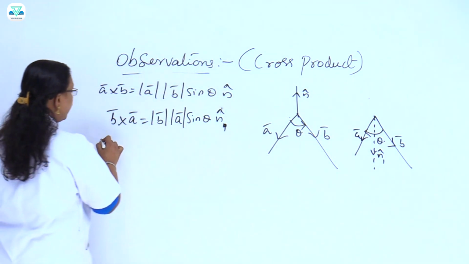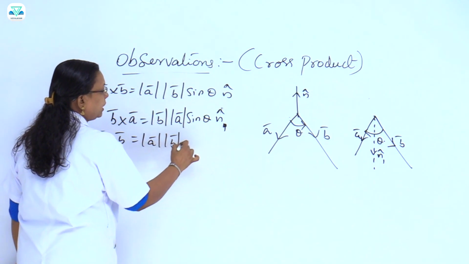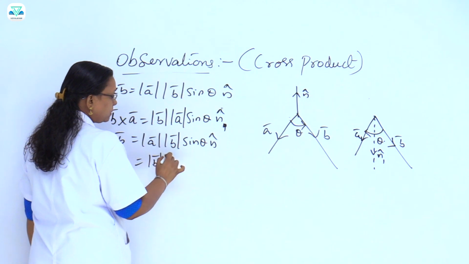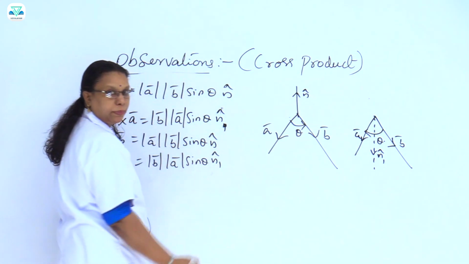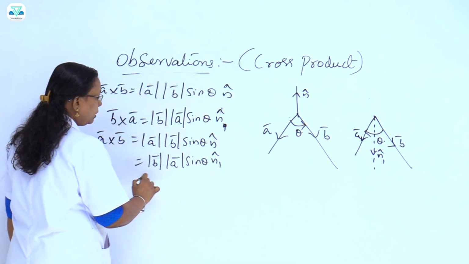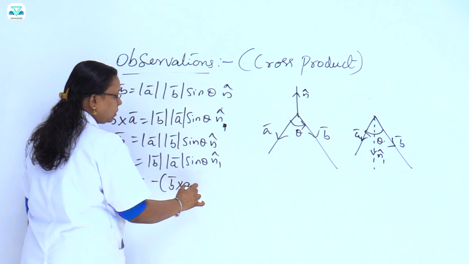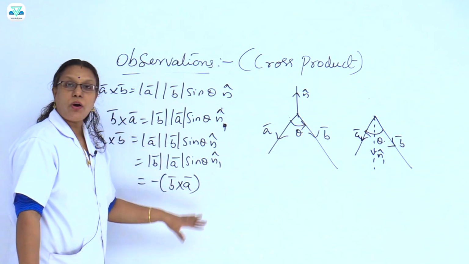So we can write A cross B is equal to modulus A modulus B into sin theta into n cap, which is modulus B modulus A sin theta into n1 cap. But this will be in the opposite direction, so this is B cross A, which is the same but in the opposite direction.